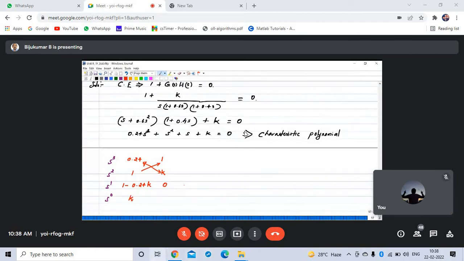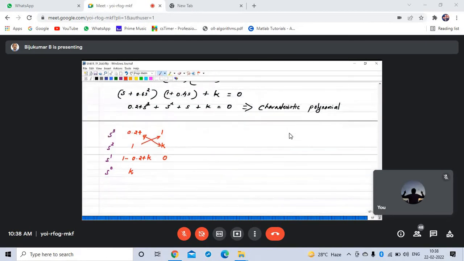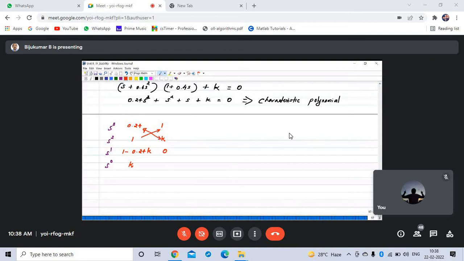First we have to find the range of values at which the system becomes stable. According to the Routh array, if you take the first column, in order to be stable, there should not be any sign change in the elements.